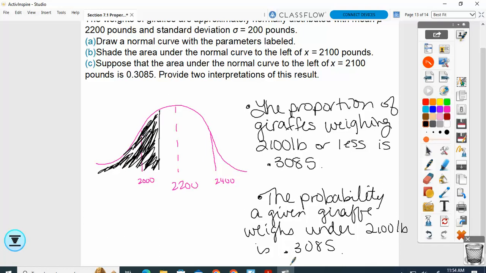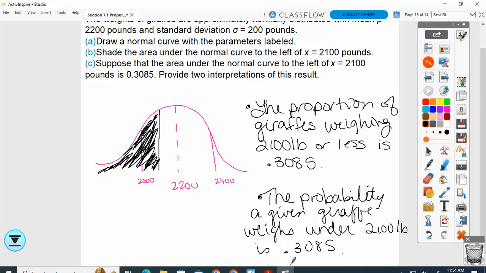So one interpretation is to describe that population as a whole. The other is to think of it as a probability for one given giraffe. Any questions for me there?